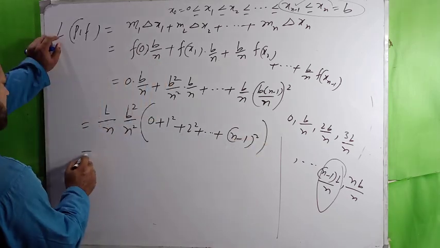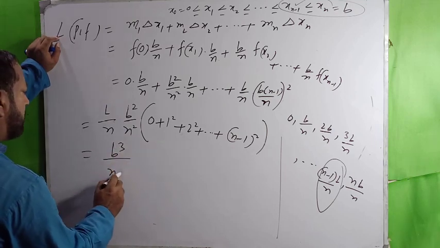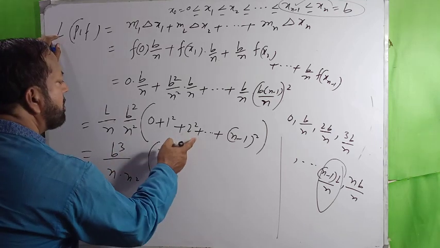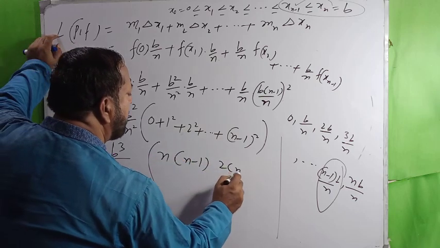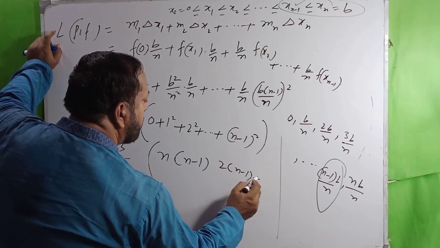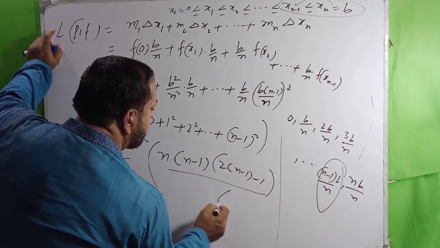So the answer is b cube by n into n square, and you know this is equal to n into n minus 1 into 2 into n minus 1 plus 1 divided by 6.